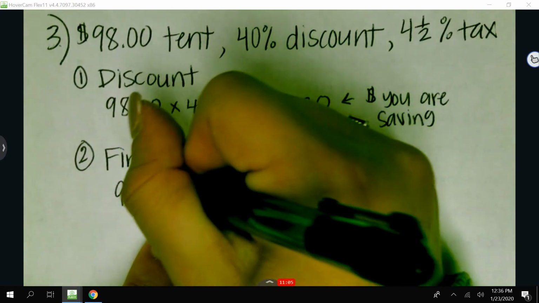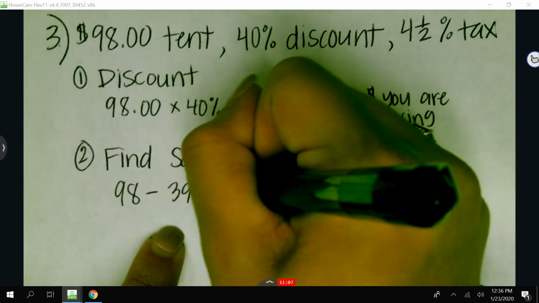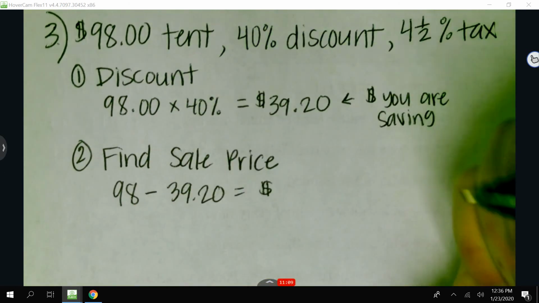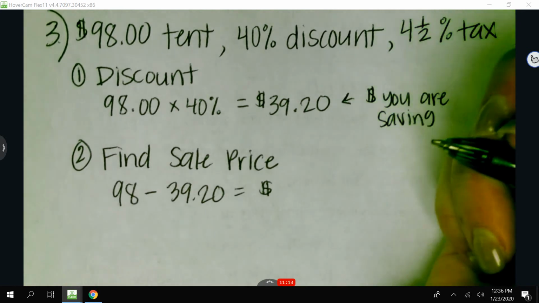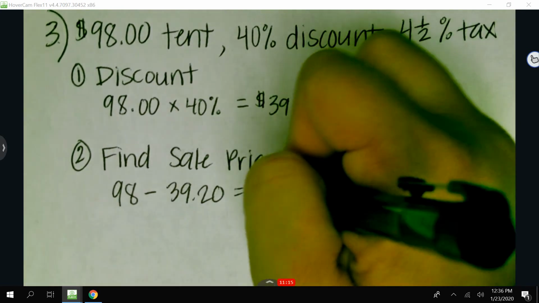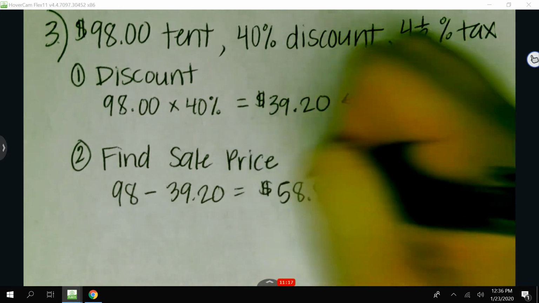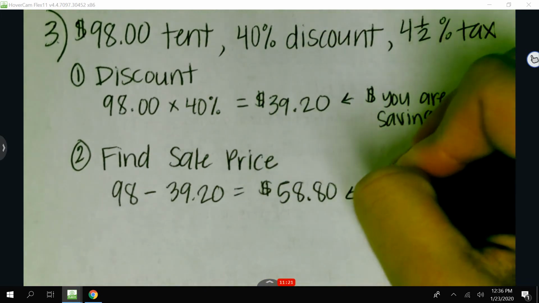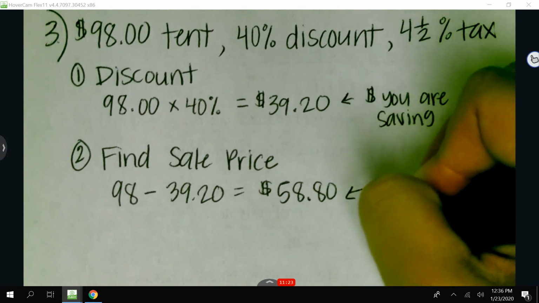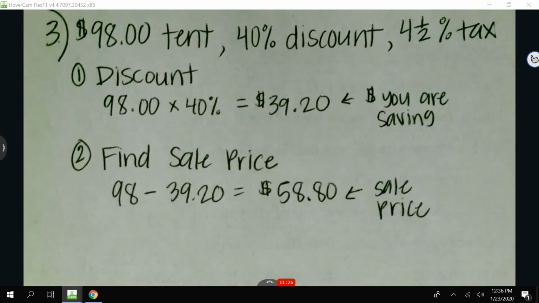So minus $39.20. So what is that? $58.80. So $58.80 is the sale price. That's how much you would be paying before you are getting taxed.